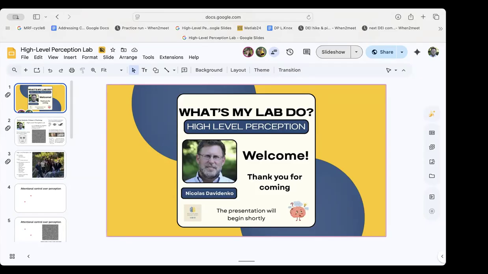So I'm interested in those high level processes, and that encompasses a pretty wide range of research topics. I've been at UC Santa Cruz for 13, 14 years now. And when I came in, my main area of research was face perception.